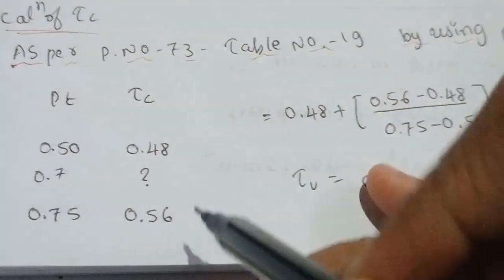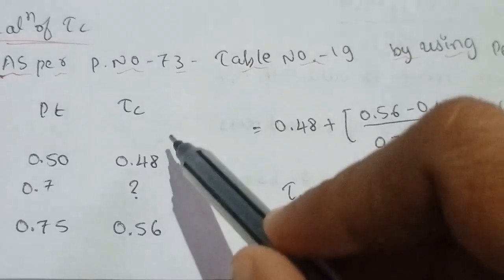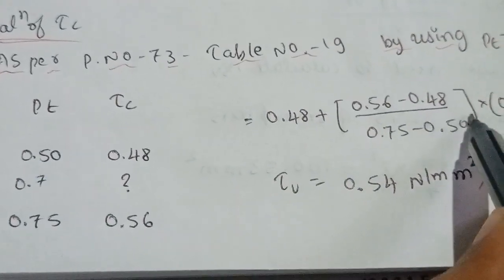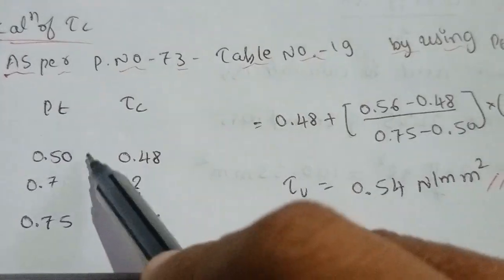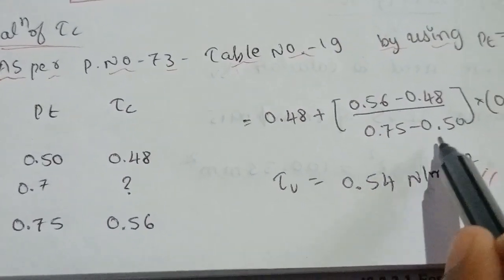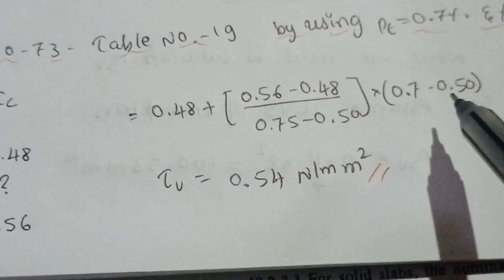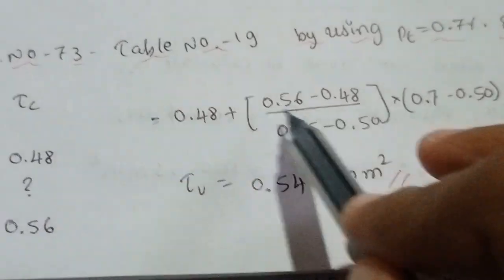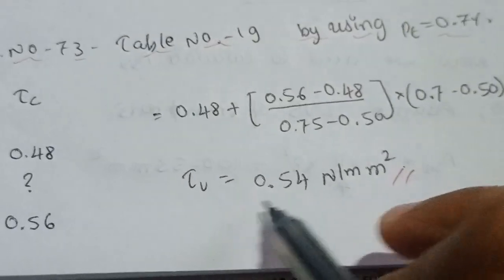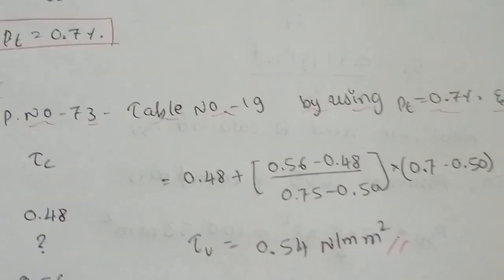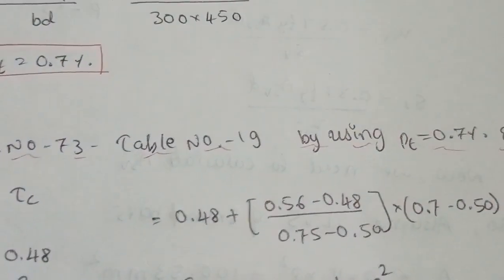Then greater value minus least value, that is 0.56 minus 0.48, divided by 0.75 minus 0.5, into the value which you want to find out, that is 0.7 minus the least value, that is 0.5. Simplify this, we'll get our tau c value is equal to 0.54 Newton per mm square. This is how we calculate the tau c value.